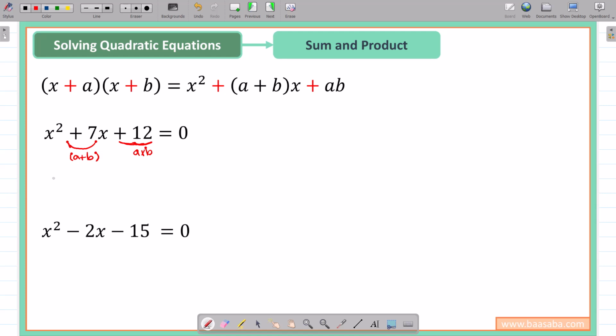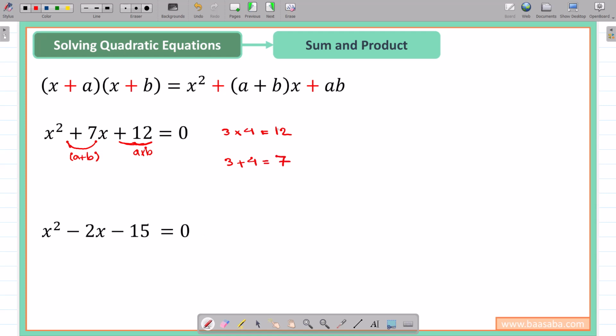You can use trial and error with all the factors that multiply to make 12. For example, 1 times 12, 2 times 6, 3 times 4. In this case, it's pretty simple. We know that 3 times 4 makes 12, and 3 plus 4 makes 7.